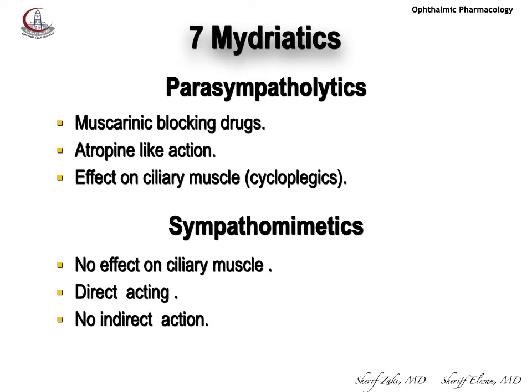Parasympatholytic drugs are muscarinic blocking drugs like atropine, so collectively known as having an atropine-like action, and their effect on the ciliary muscle is cycloplegia. The sympathomimetic drugs have no effect on the ciliary muscle, but they're directly acting on the constrictor pupillae and have no indirect action.